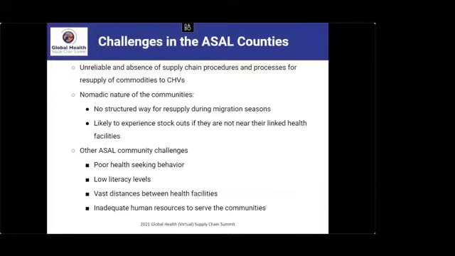In addition, the communities have poor health-seeking behavior, they have low literacy levels, and the health facilities are vast and far apart because of the geography of the area. The human resources allocated for the health facilities are also inadequate to serve the communities.